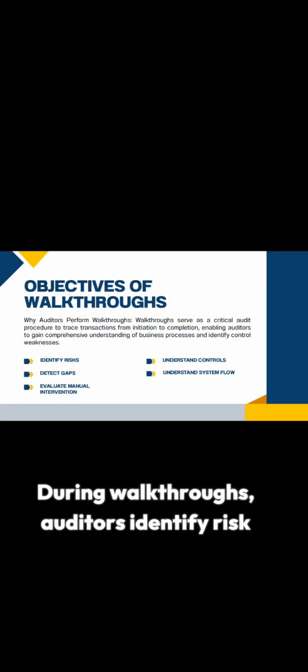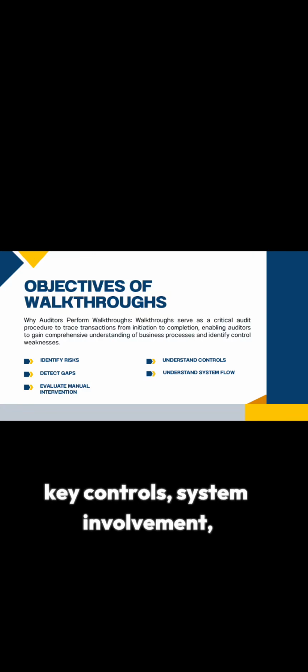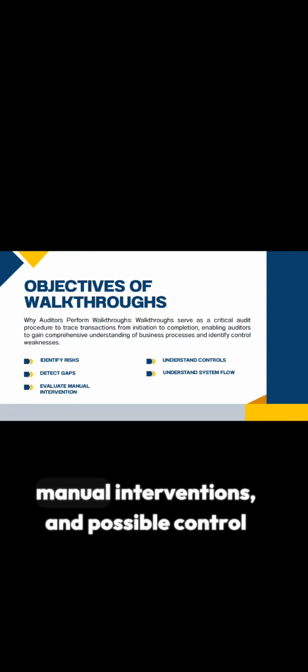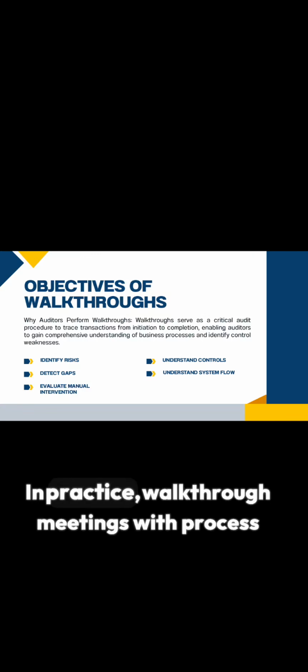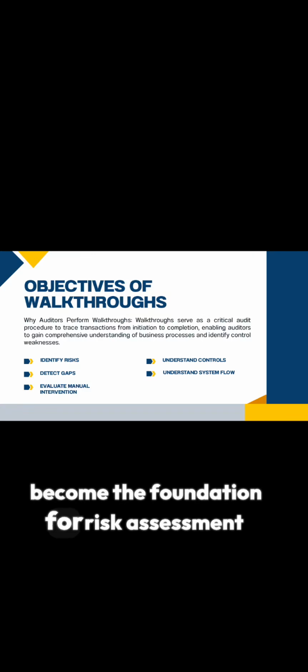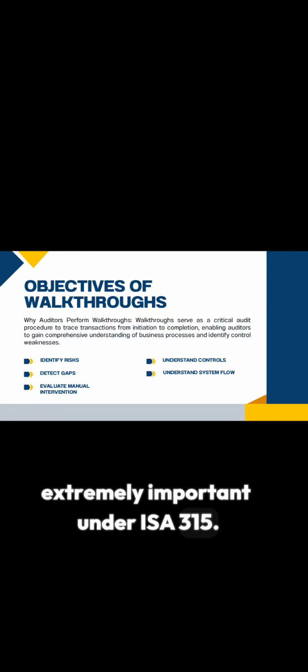During walkthroughs, auditors identify risk areas, key controls, system involvement, manual interventions, and possible control gaps. In practice, walkthrough meetings with process owners often become the foundation for risk assessment documentation. This is why walkthroughs are extremely important under ISA 315.